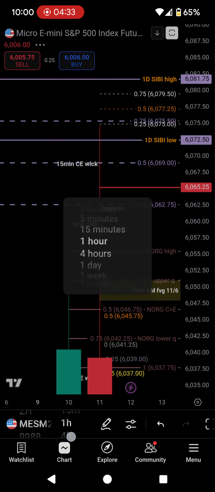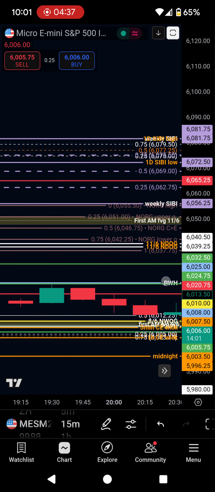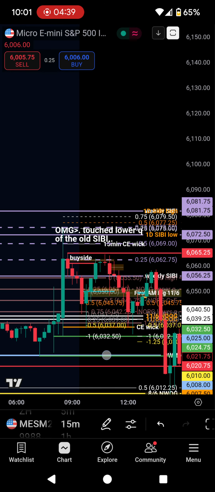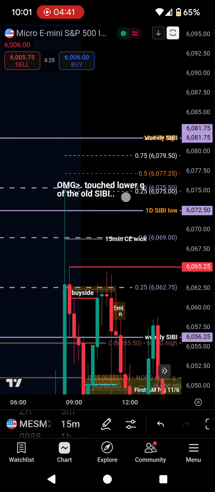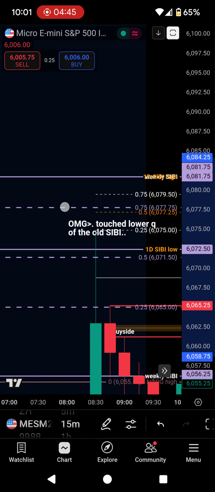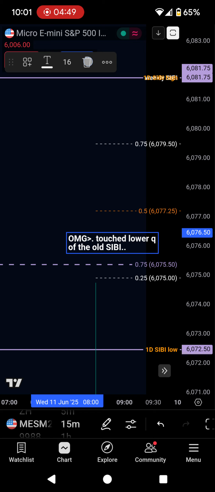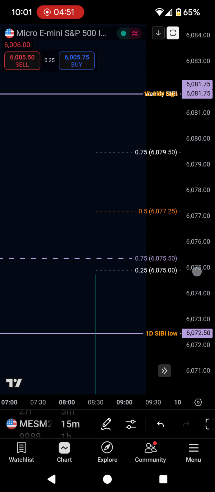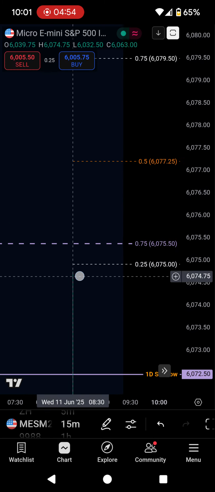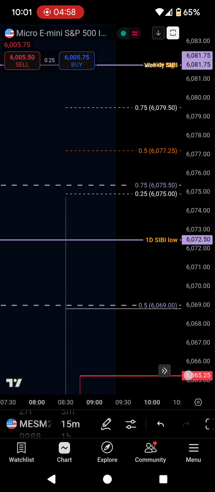So let's go down to a 15-minute chart. As you can see, I was doing a demo trade. Yep, I saw it touch, but actually it hasn't touched, because look at the high, off by one tick.